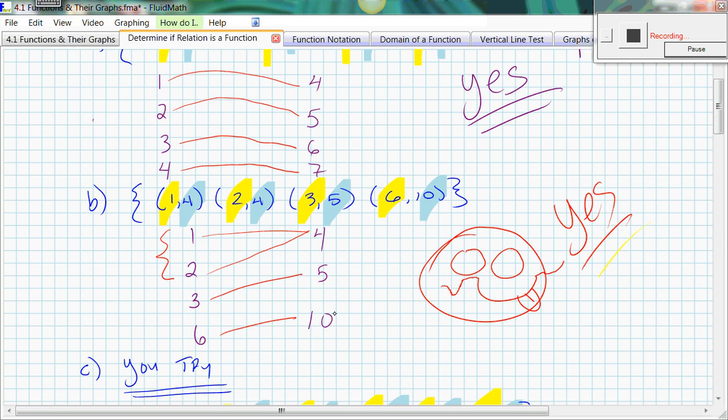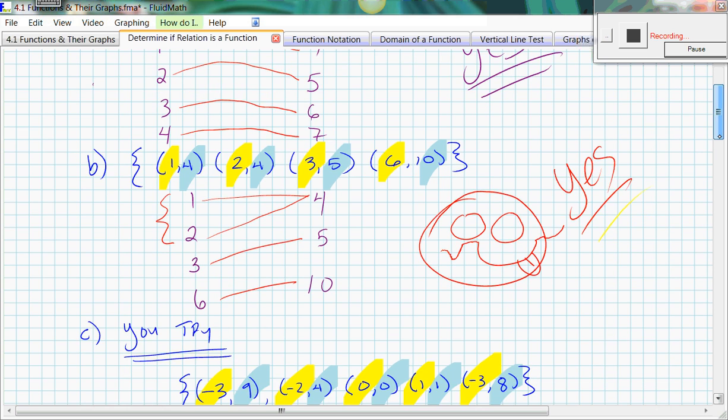Is that or is that not a function? It turns out the answer is yes, it is a function, because for every input, there is a unique output. Not unique in that the number is different, but unique in that it can be mapped. So 1 gets mapped to 4, no problem. 2 gets mapped to 4. I know exactly what the output will be. There's no discretion about that.